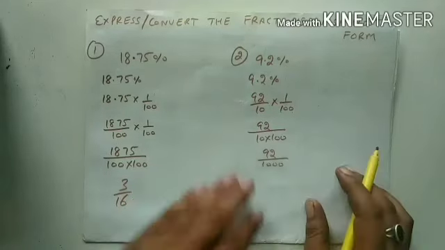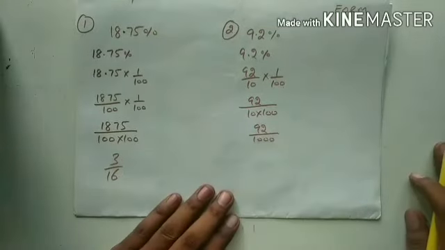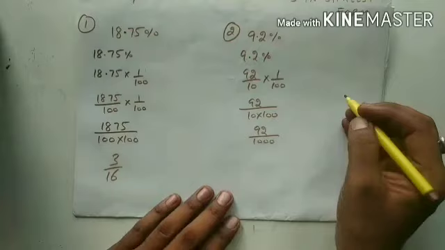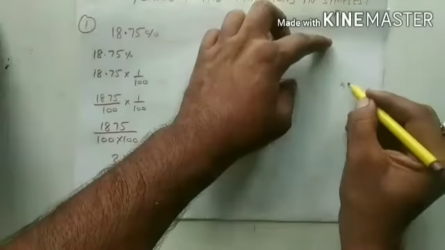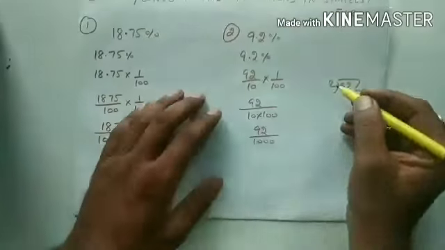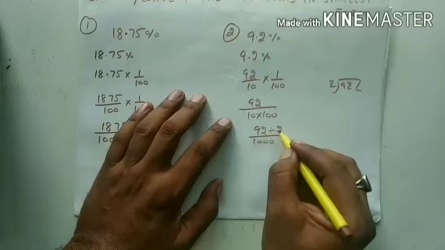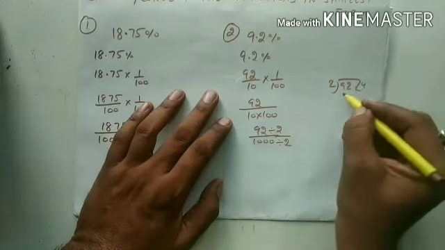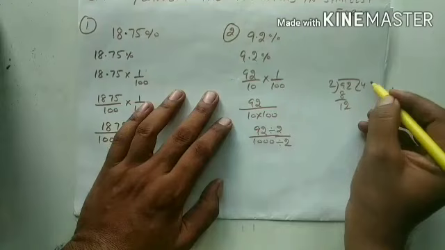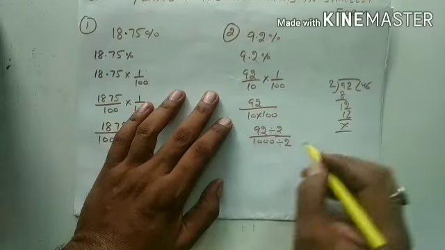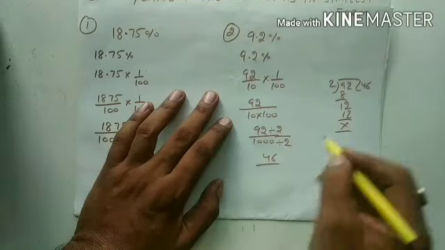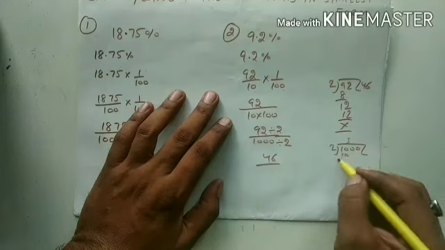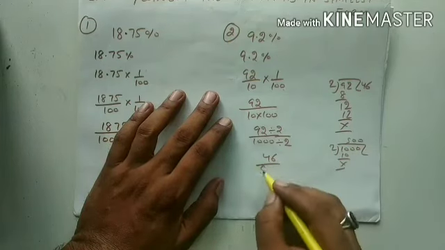is 1000. Now student, you know 92 and 1000 both are divisible by which table? The table of 2. So I will divide 92 by 2 and 1000 by 2. 4 2s are 8, 46 over, now 1000 divided by 2 is 500.